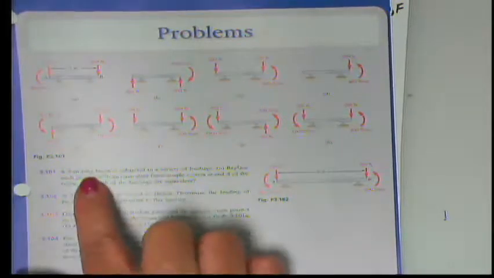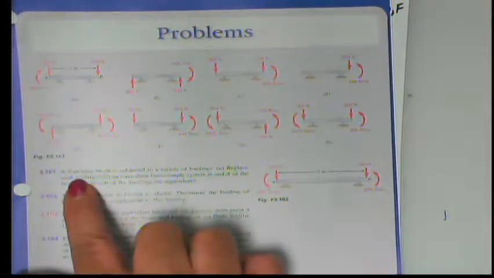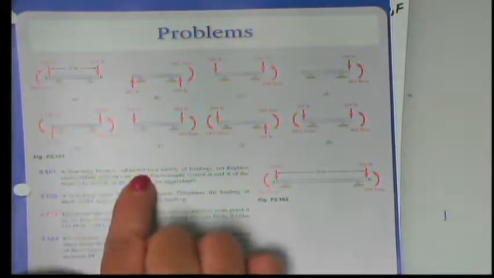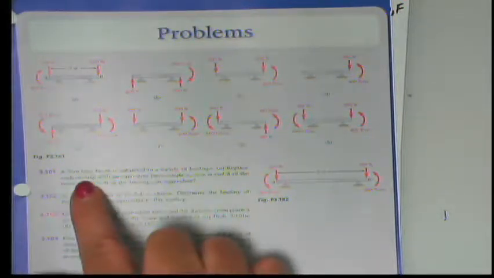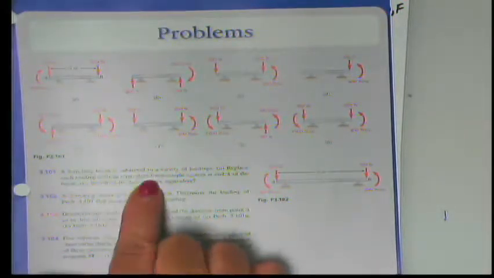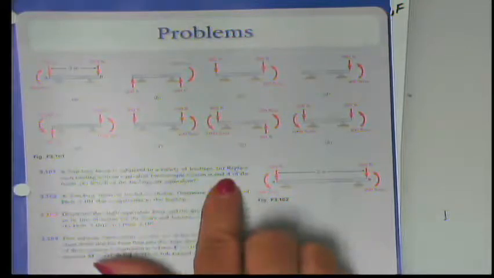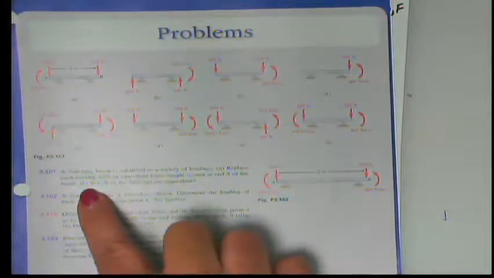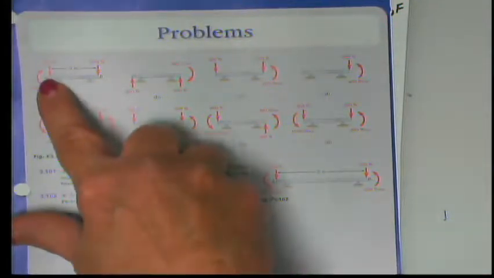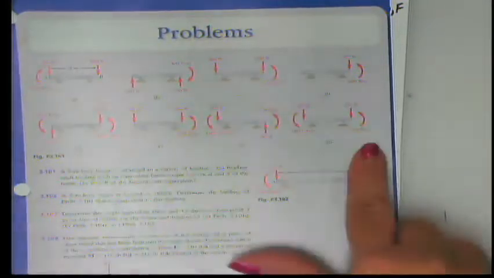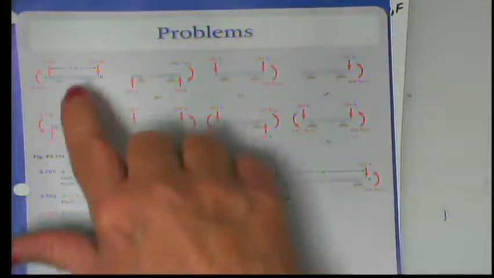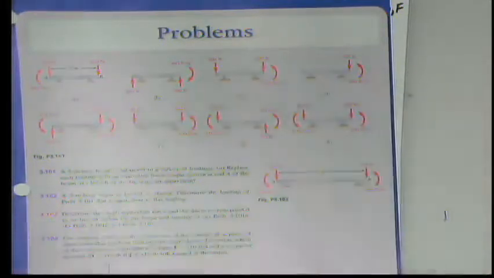And in each case, it tells you that the beam is 3 meters long and subjected to a variety of loadings. We want to replace each loading with an equivalent force couple system at end A of the beam, right here. Then it asks which loadings are equivalent. Well, the answer would be, after you did all of them, if two of them looked identical to each other, they would be equivalent.